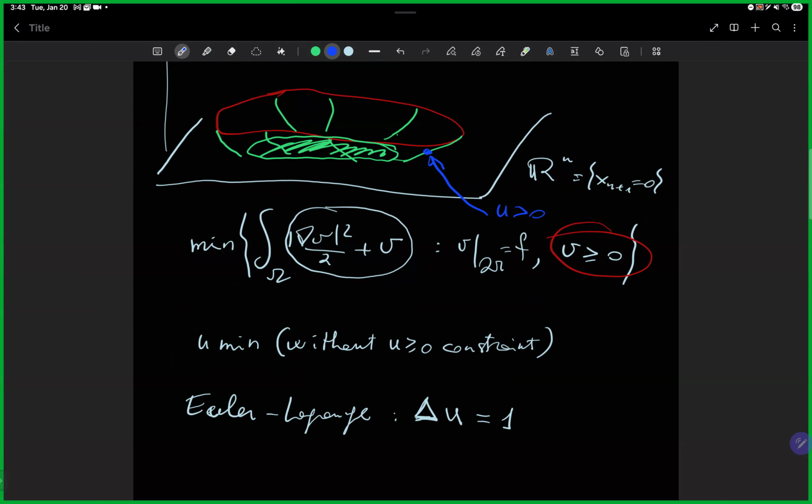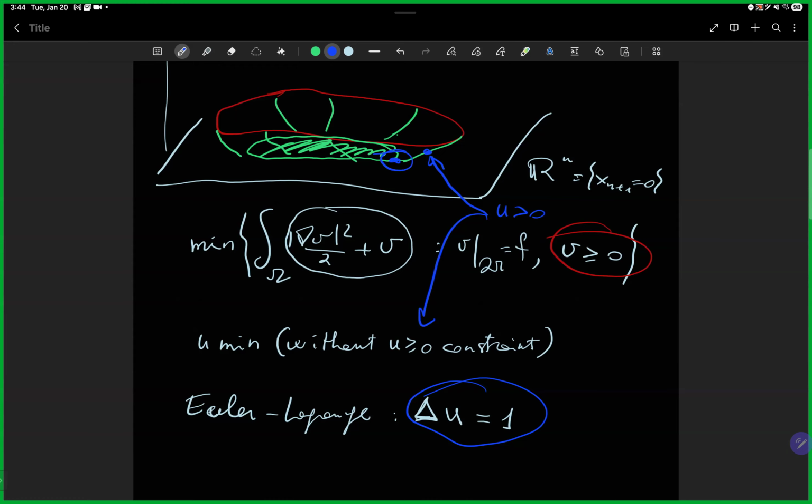We don't touch the obstacle, and essentially it's like if the constraint was not there. So in the region where u is strictly positive, you are like in the free constraint situation, and then the Laplacian is still 1.